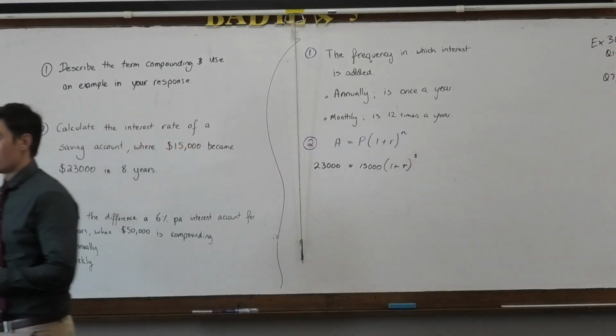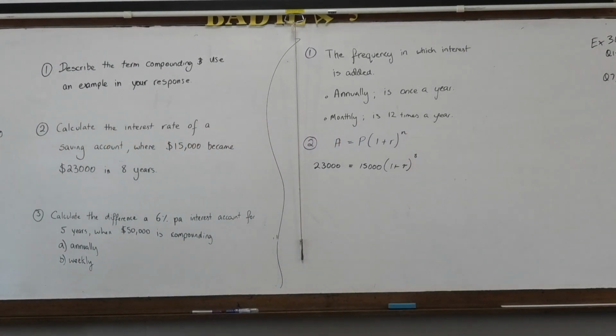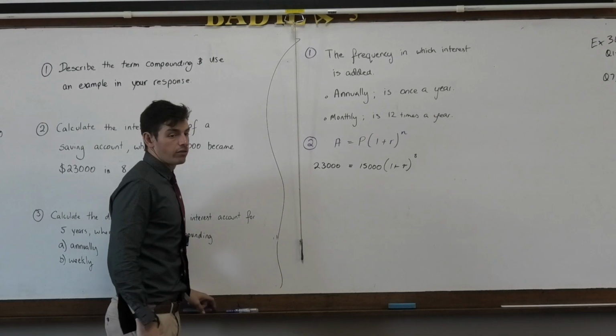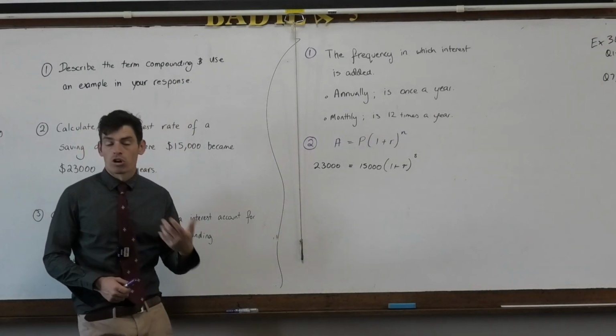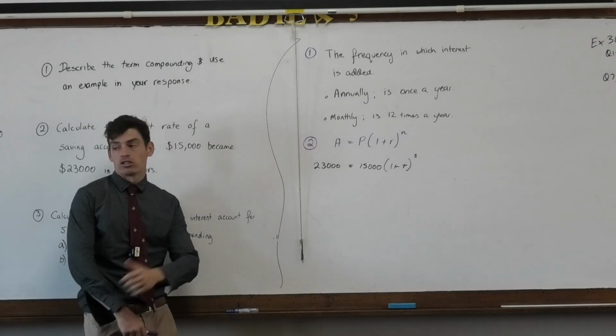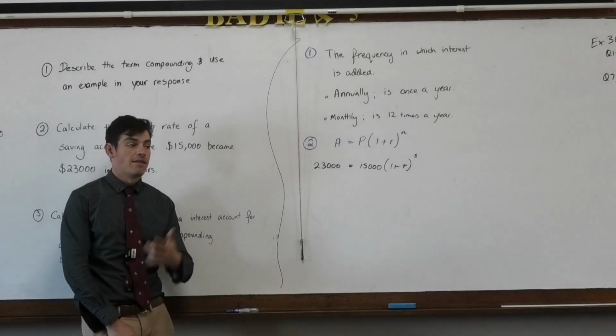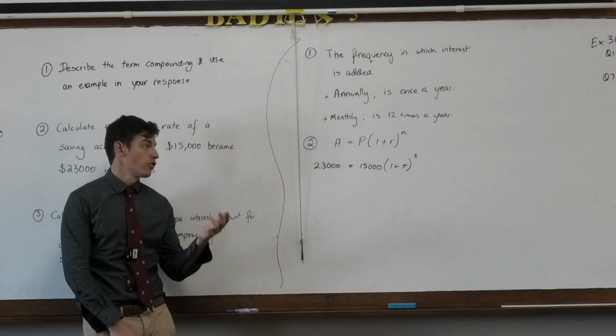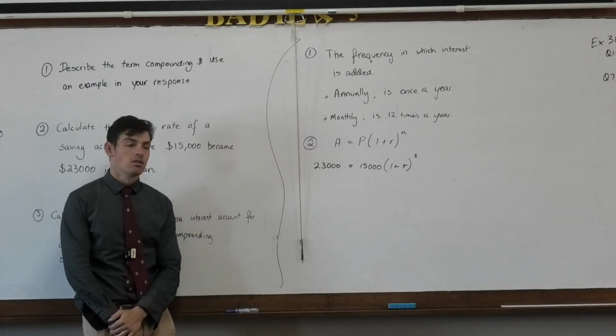I've got a problem now where I've got one unknown, which is the rate we want. The problem is the one unknown is sort of wrapped up in a heap of other stuff that we don't really want. So, what operations do I have? I have a multiplication, an indice, a bracket, and a plus. Tell me about that plus though.